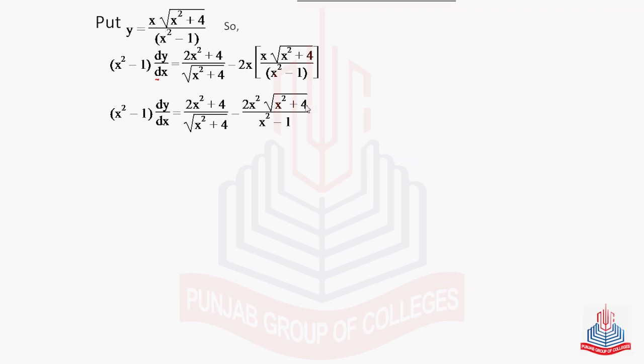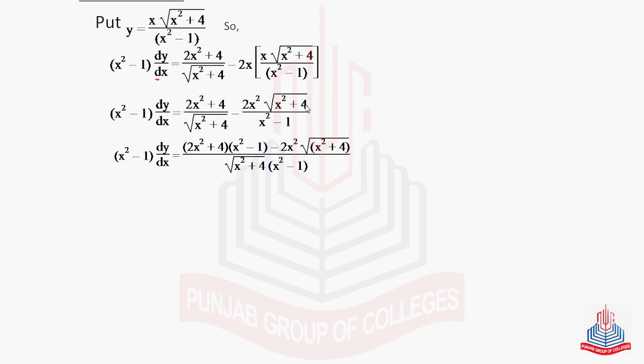LCM will apply on right hand side, so that will become x square plus 4 and x square minus 1 is an LCM of these two terms, so we have 2x square plus 4, this will be cancelled out, and x square minus 1 will be multiplied to the numerator, which is this one, minus x square minus 1 will be cancelled out, and x square plus 4 into square root x square plus 4, both square root will be cancelled like this.